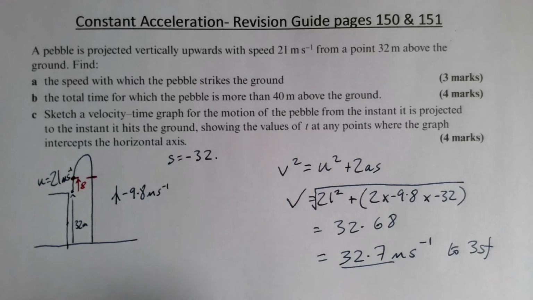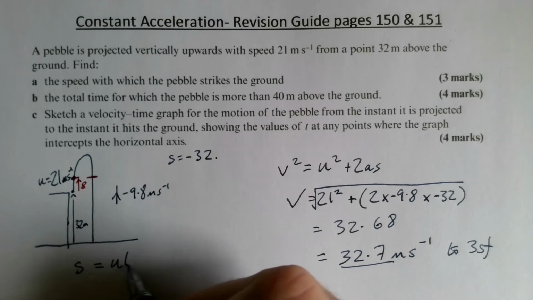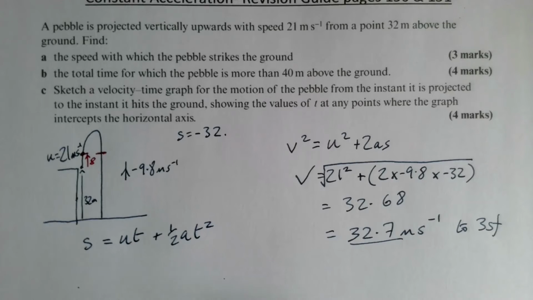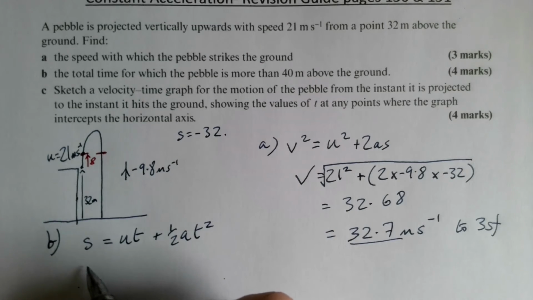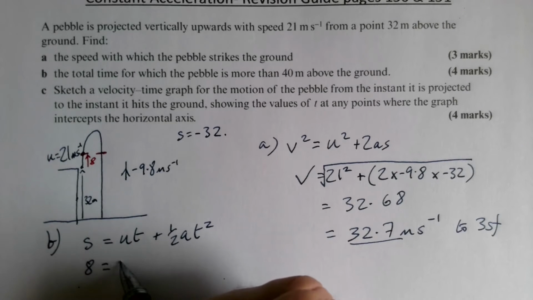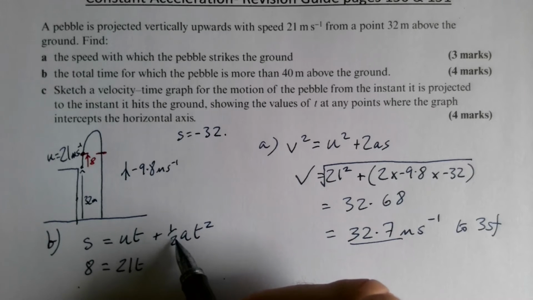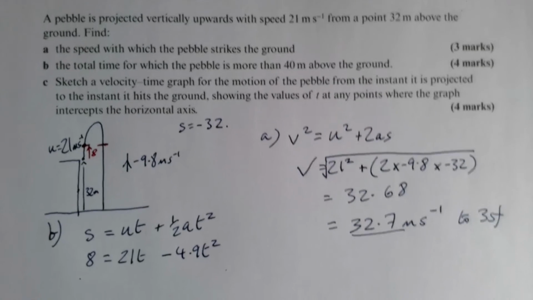So that would give me s is equal to ut plus a half at squared, and if we start popping in what we know about that, we know that it's 8, we know that the starting velocity is 21, so that's 21t, and then we know that it's a half times minus 9.8, so it's negative 4.9 t squared.